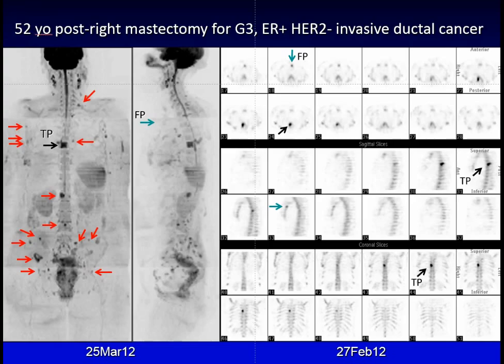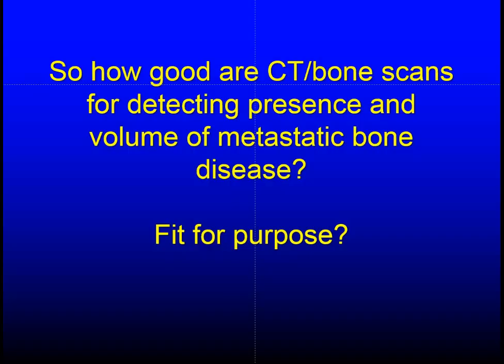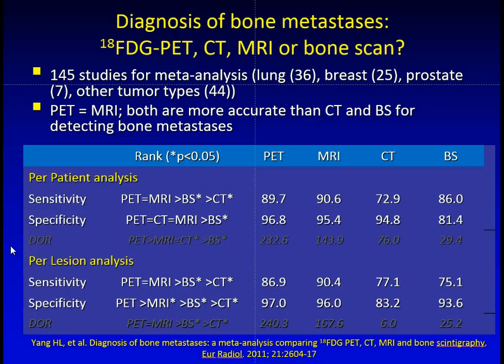So the first question we really need to ask ourselves is how good are CT and bone scans for detecting the presence and the volume of metastatic disease. A few years ago now, this meta-analysis was published, which looked at 145 studies with a variety of tumors, looking at the ability to diagnose bone metastases.